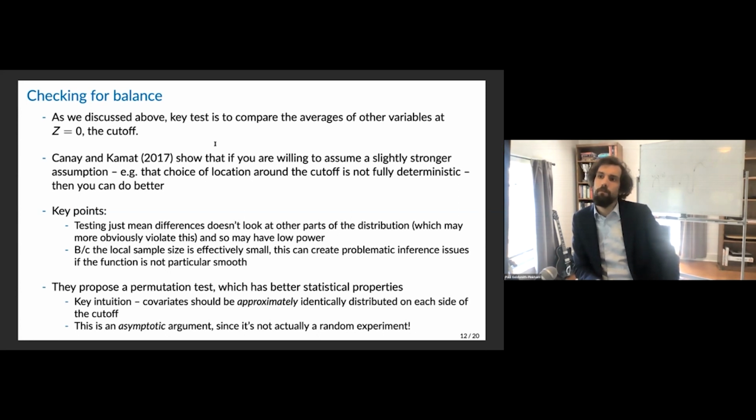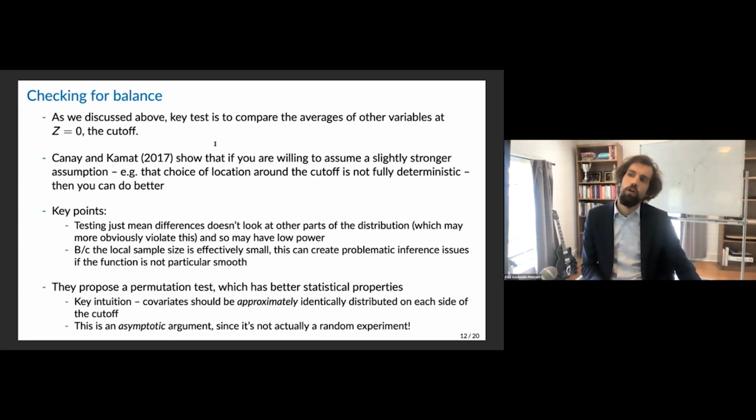So the idea is that we're looking for balance in the averages of other variables. That's what we did, for example, when we were talking about looking for balance in IV or in Bartik or any of these things. When we have this treatment, we think that there are characteristics that should be balanced between the treatment and the control group. And that's the analogy here as well, that there should be continuity of these characteristics at the cutoff.